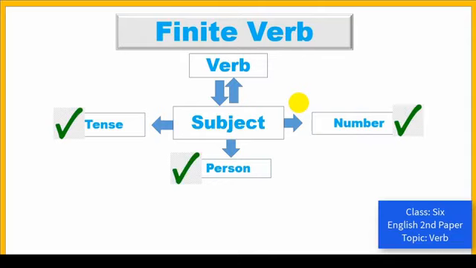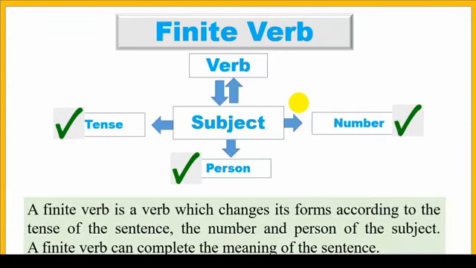So we can define finite verb. A finite verb is a verb which changes its forms according to the tense of sentence, the number and person of the subject. A finite verb can complete the meaning of the sentence.